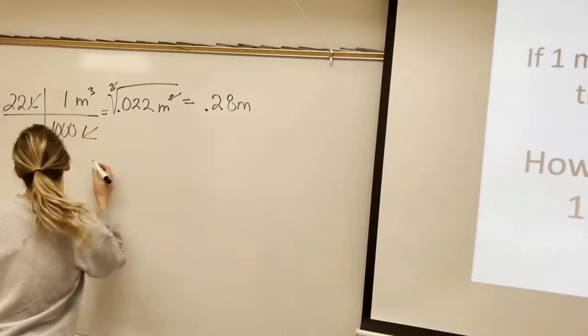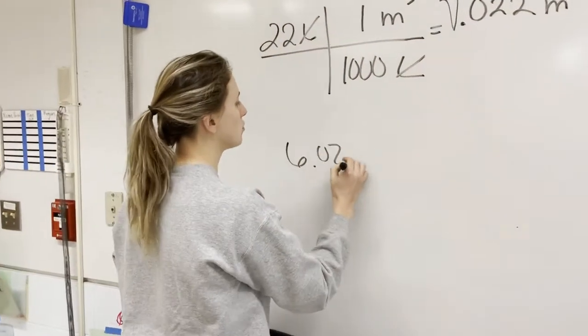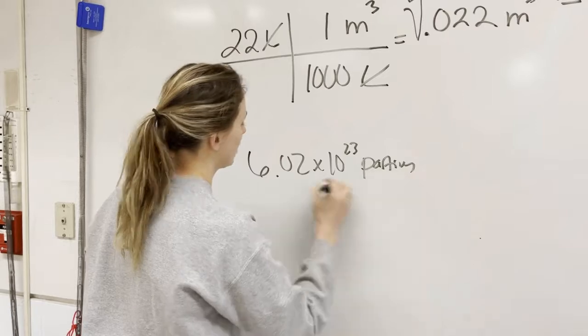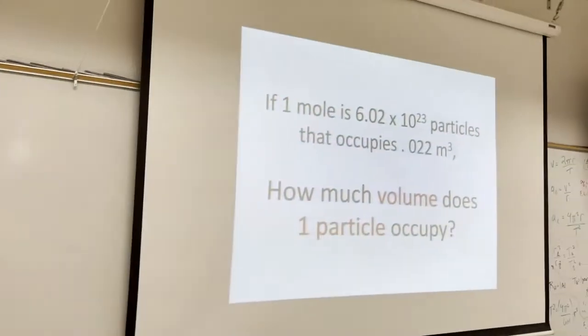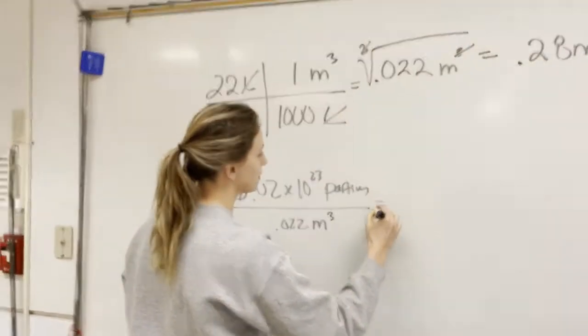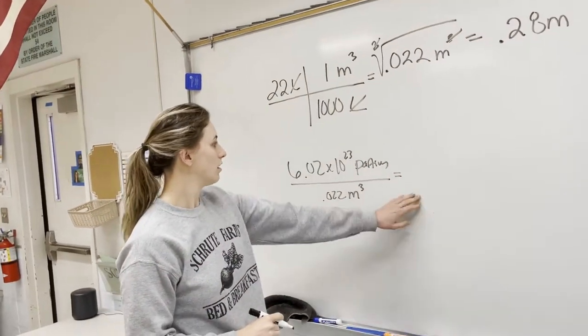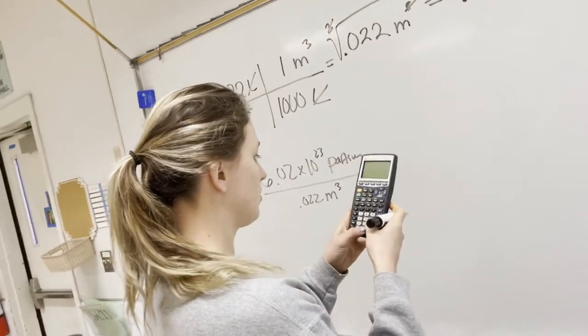Okay, so I'm gonna go ahead and do that right here. So we'll do 6.02 times 10 to the 23rd particles, and we're gonna divide it by the 0.022 meters cubed. That's going to give us how much volume one particle of air occupies.